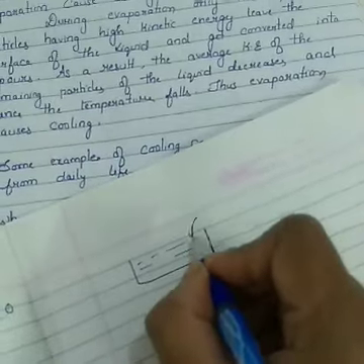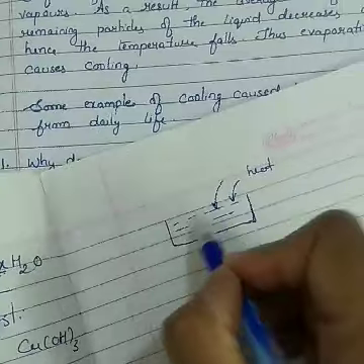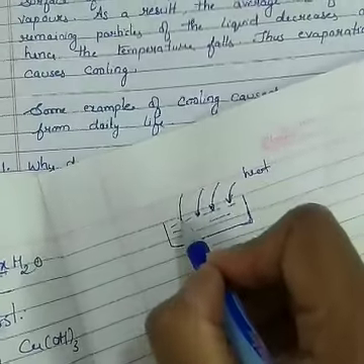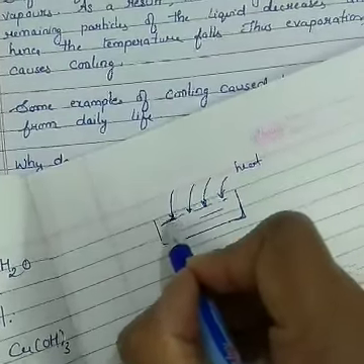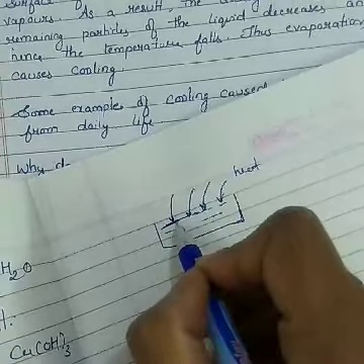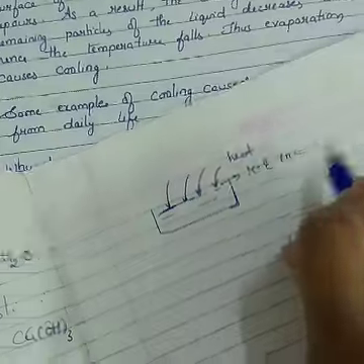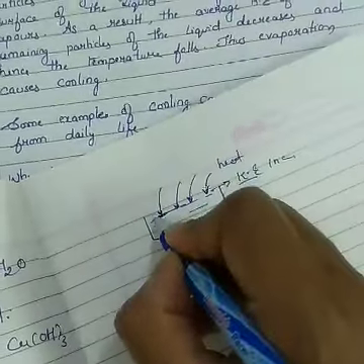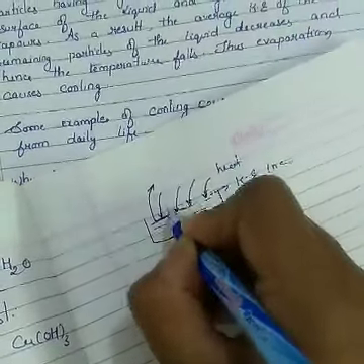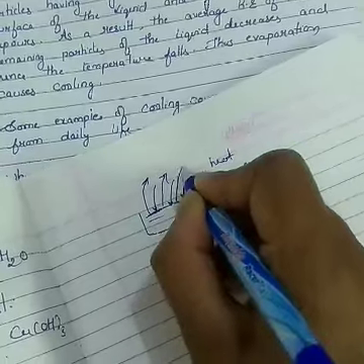They take the heat from the surroundings. Heat is taken up by the water particles which are present on the surface. When taking the heat, what happened? Their kinetic energy increases. When their kinetic energy increases, they have to leave the surface and go into the vapor state.